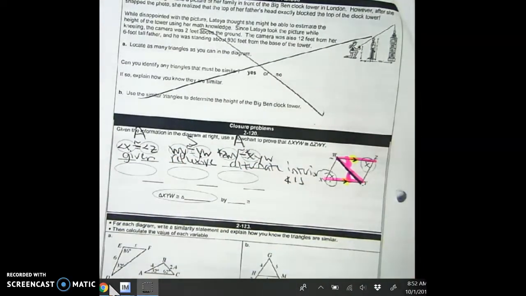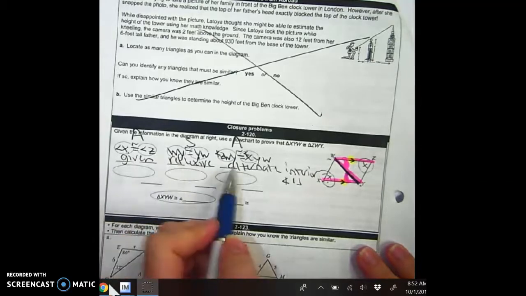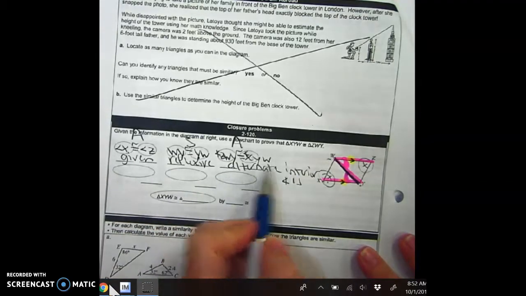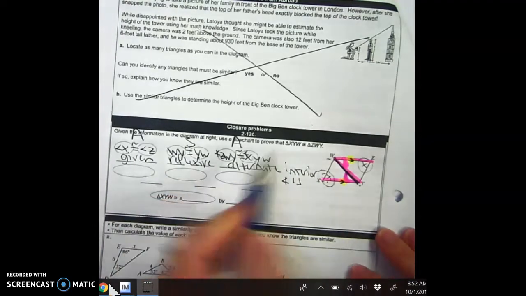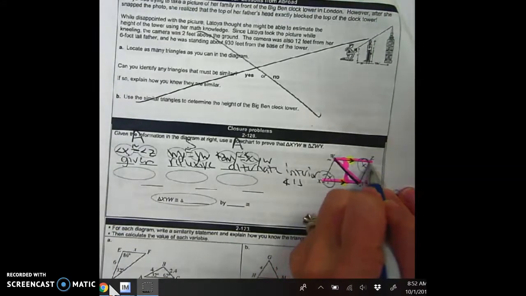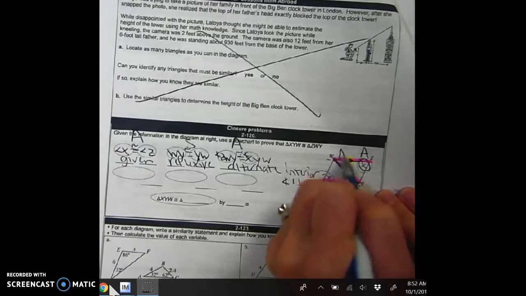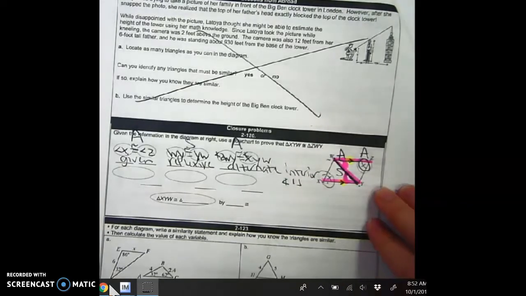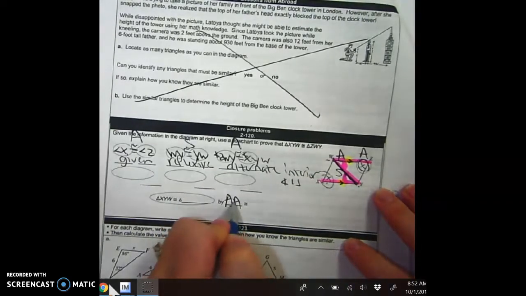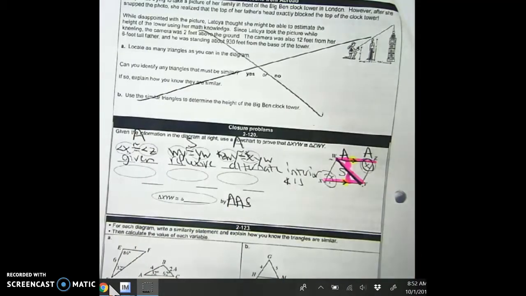Now, I have to be careful because when I look here, I can't just assume that ASA is what it is because it might not have been in order. Let's look. Here comes the angle. Then here comes the angle, and then here comes the side. So I know it's by AAS, okay?